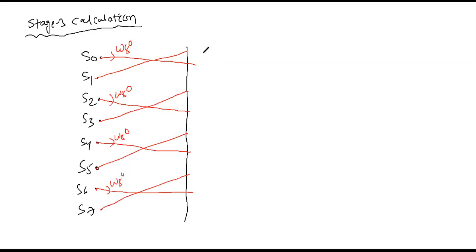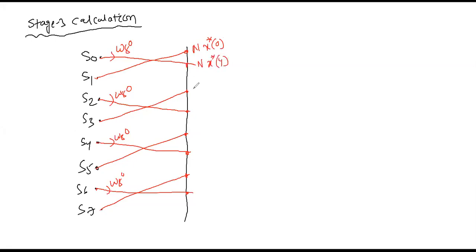Now, what is the output? That is very important. Can someone guide me? What are the outputs? N into X conjugate 0. Yes, that is it. See, in DIF, I already said that the input is in the same order and the output is in bit reversal order. Don't forget. So, N into X conjugate 0. Then next, N into X conjugate 4.